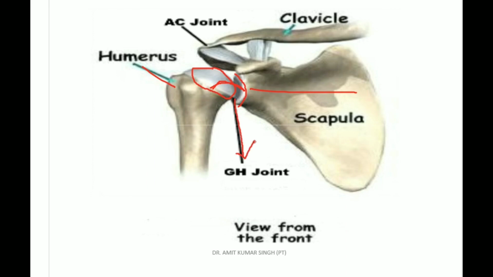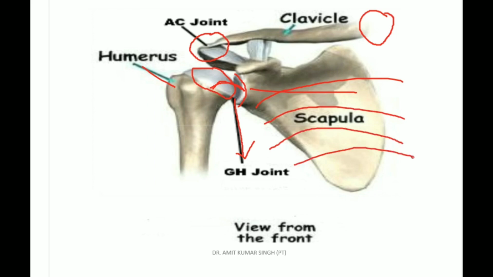Apart from that, in previous lectures we have already discussed the AC joint, that is acromioclavicular, and one more joint which will come on this side attached with the sternum, that is the sternoclavicular joint, and one joint will be posterior, where the rib cage will come with the attachment of the scapula, that will be termed as the scapulothoracic joint.